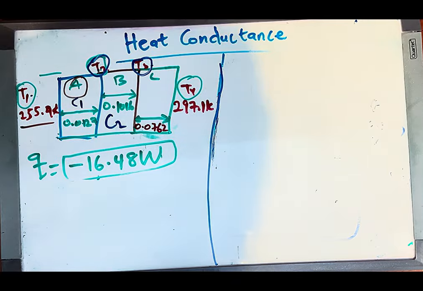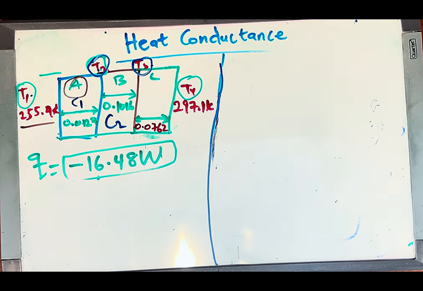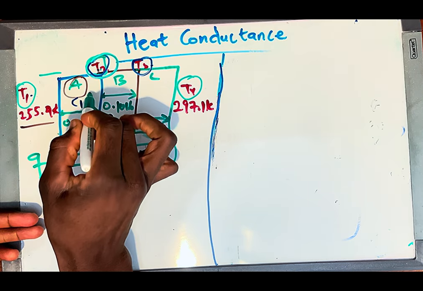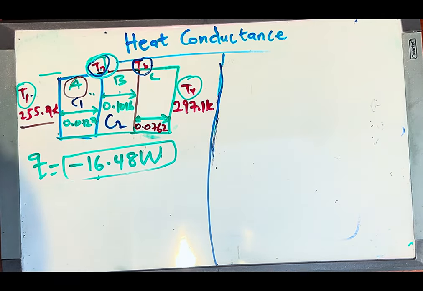Okay, so the next question is that we are to calculate the temperature at the interface between the wood and then the cork board. This is what we're looking for. This is the wood and then this is the cork board. All right.